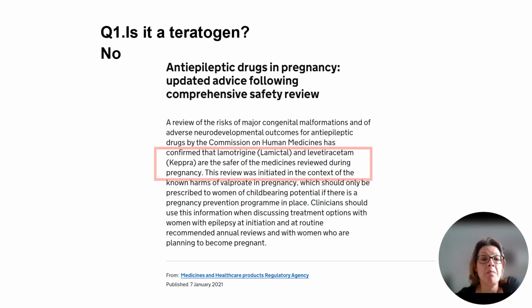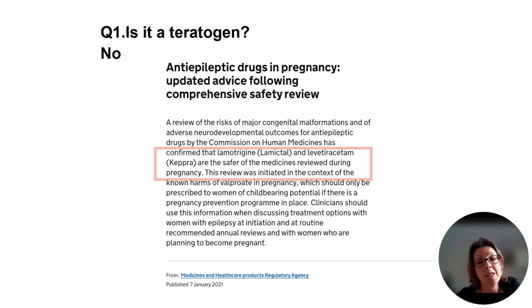This is taken straight from the Medicines and Health Products Regulatory Agency website, where it is published that, of the agreed medication for epilepsy treatment, it is now well recognized that lamotrigine and levetiracetam are safe in pregnancy, with no risk of a major congenital malformation associated with them.